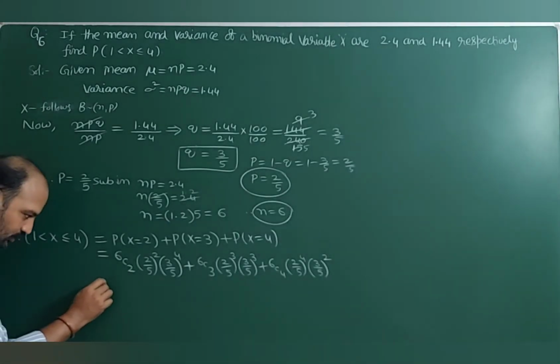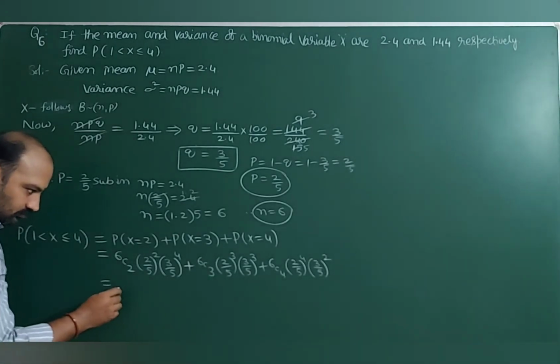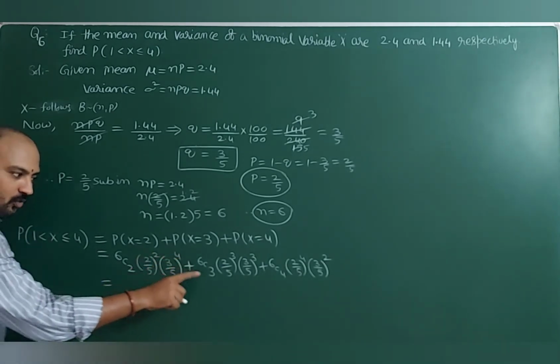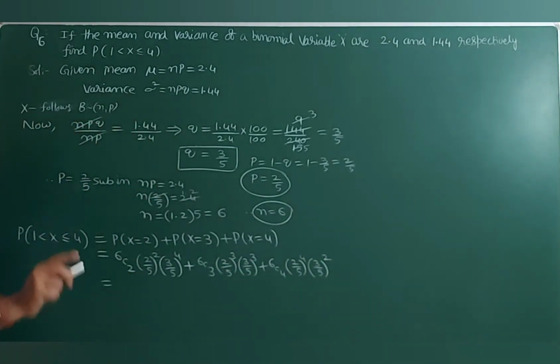So which is equal to 6C2. We observe, dear students, one important thing: 5 square, 5 power 4; 5 cube, 5 power 3; 5 power 4, 5 power 2. So all are 5 power 6 only, no?